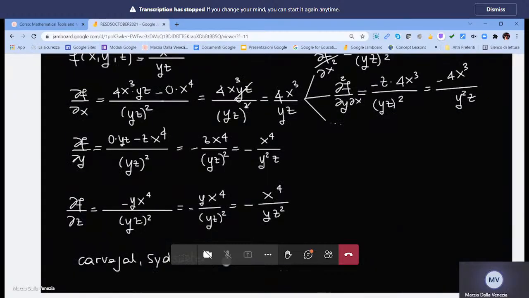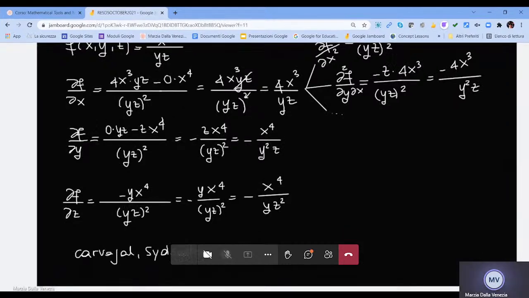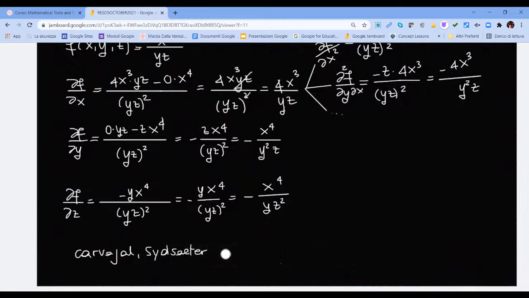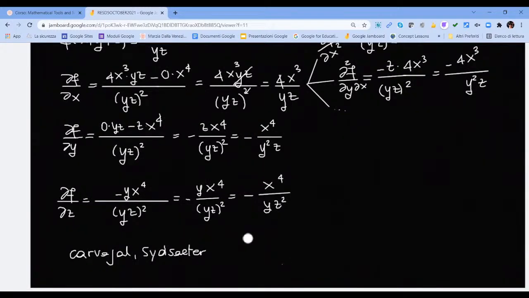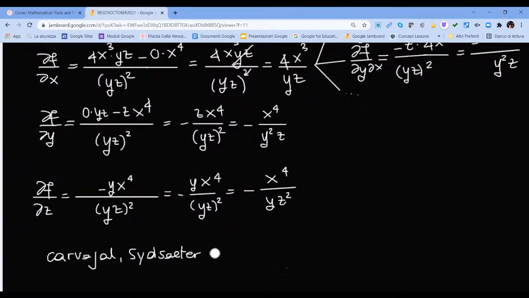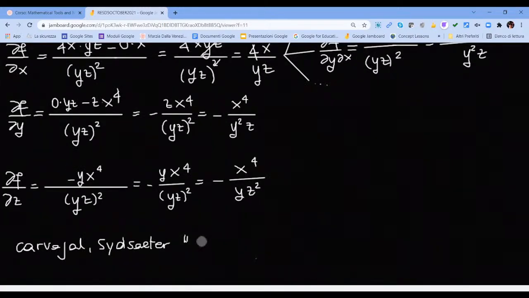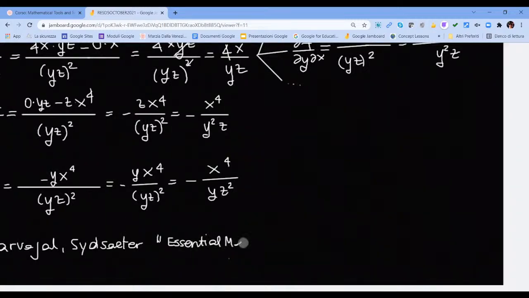About the name of the book. Yes, I thought you had the name, but I will find it. Should be this one. Essential Mathematics for Economic Analysis. This will be the name.